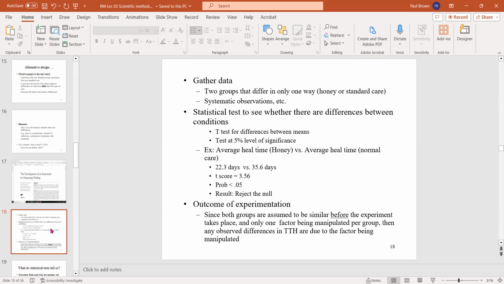Does that mean that we've proven that this number here comes from a different distribution than this, or put it in more common terms, have we proven that Manuka honey is better at healing than standing prayer?